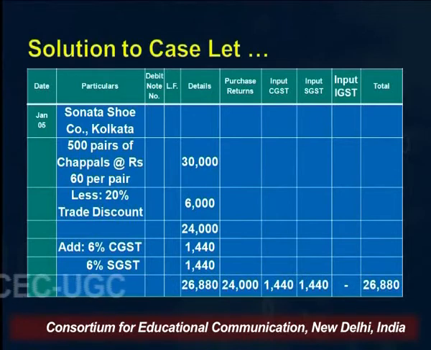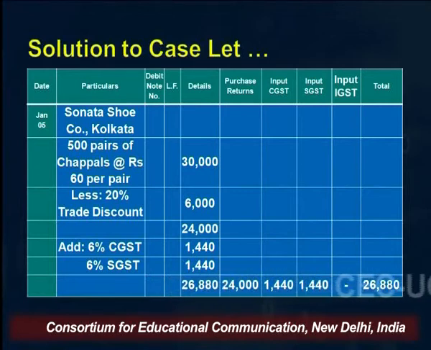On this 24,000 you will calculate 6%, which comes out to be 1,440. So your total transaction, 24,000 plus this 1,440 CGST and 1,440 SGST, becomes 26,880, right?